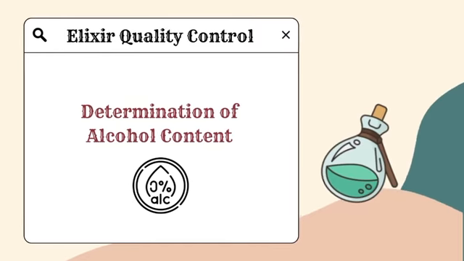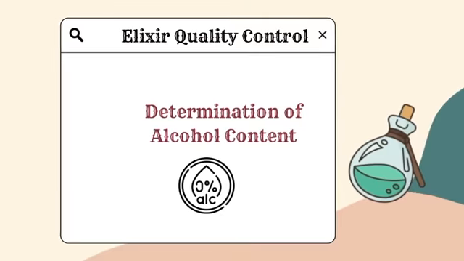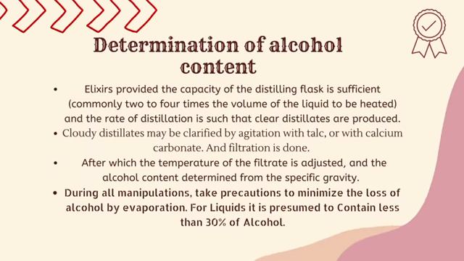Elixir quality control: determination of alcohol content. For elixirs, provide a distilling flask of sufficient capacity, commonly 2 to 4 times the volume of liquid to be heated, and the rate of distillation is such that clear distillates are produced.